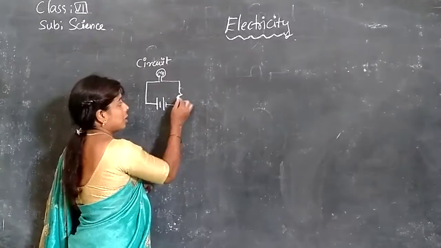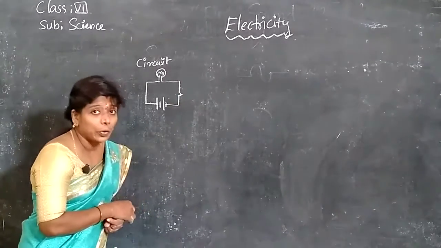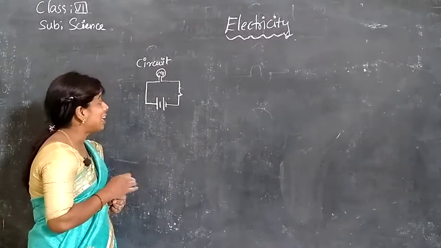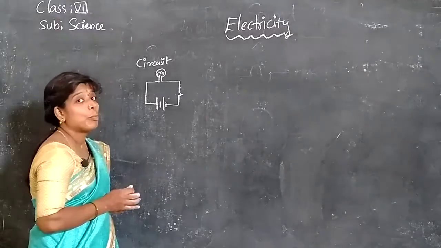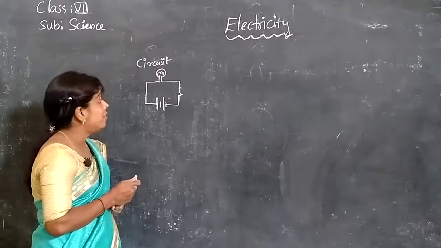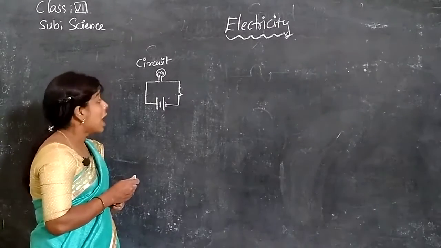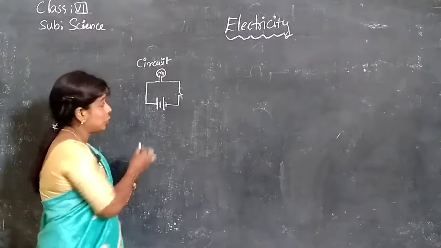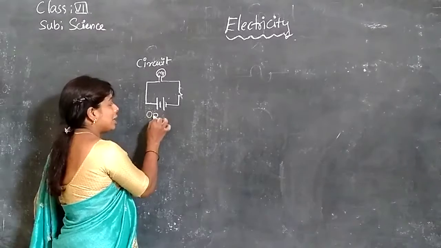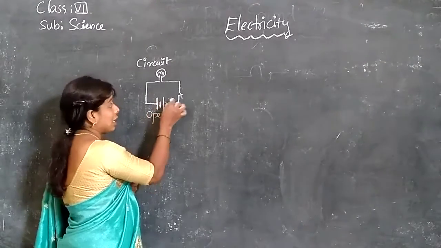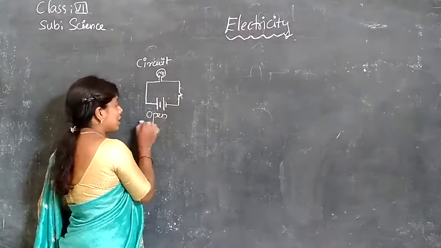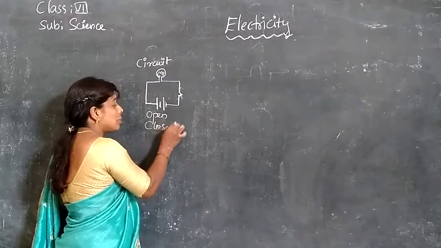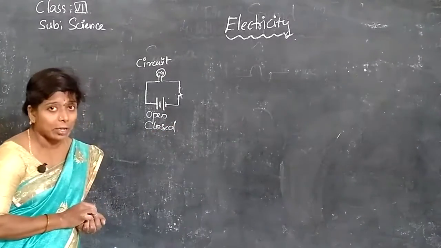Switch on here. Now it becomes a circuit. A group of all these electrical devices, when connected in a proper way, makes a circuit. If the button is switched off, it is an open circuit, current is not passing. When they are in contact, it becomes closed, meaning current is passing through it.